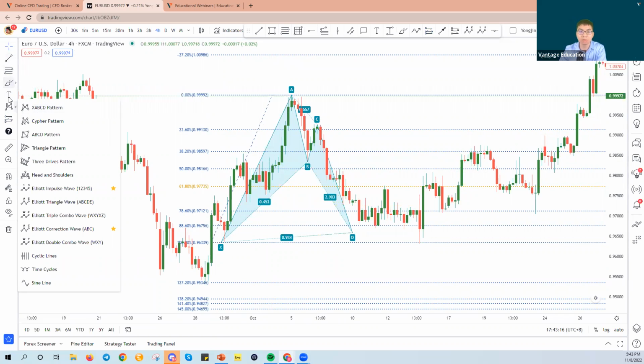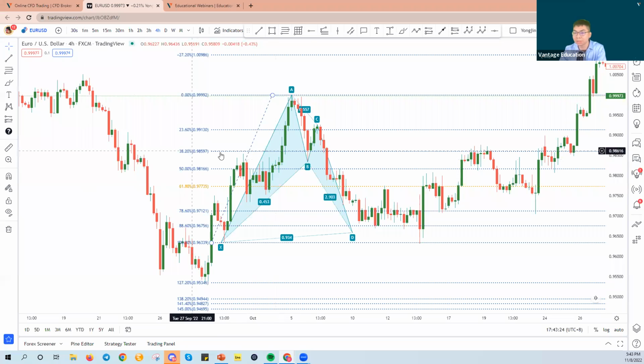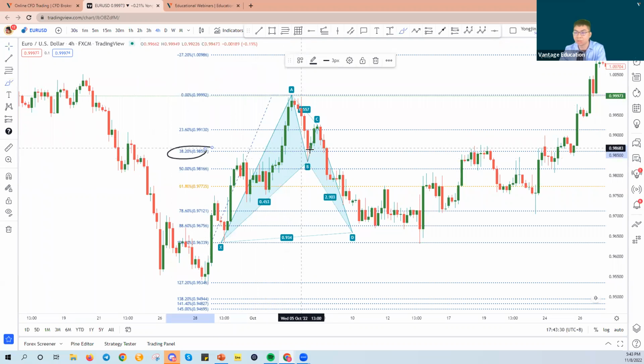XABCD pattern. So it's at either 38.2% or 50%. You see, price is at 38.2% for the bat pattern, and bounced up. And C ends at either 38.2% to 88.6% retracement of AB.